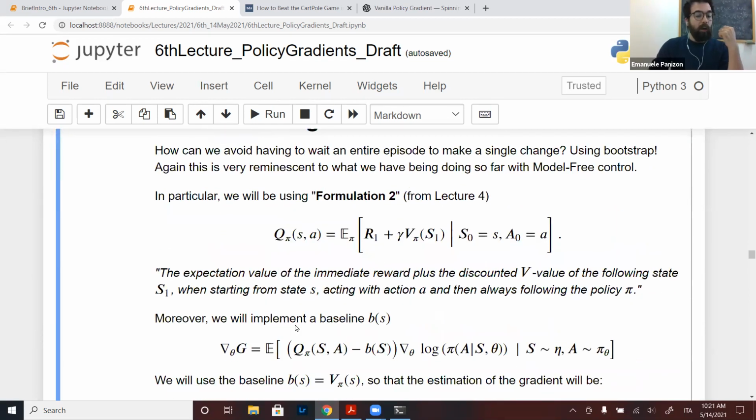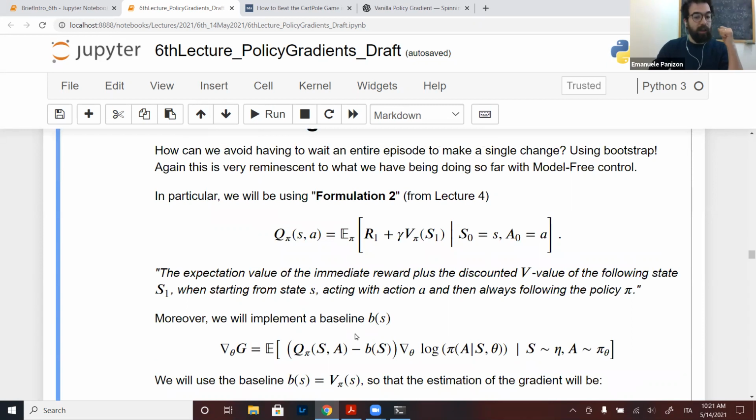Okay. We will also use a technique which has this helpful tool of the baseline. The definition we had of the gradient was Q times the gradient of the log of pi.